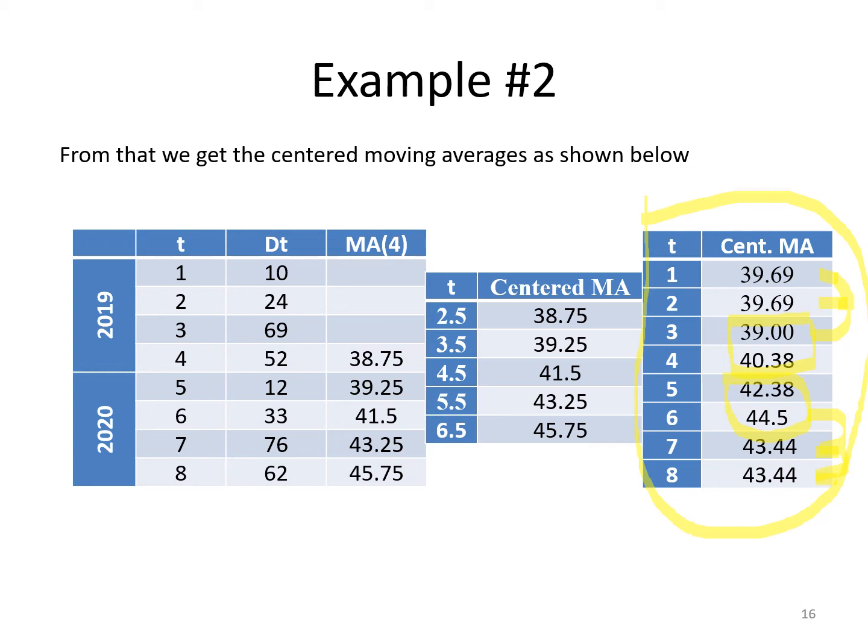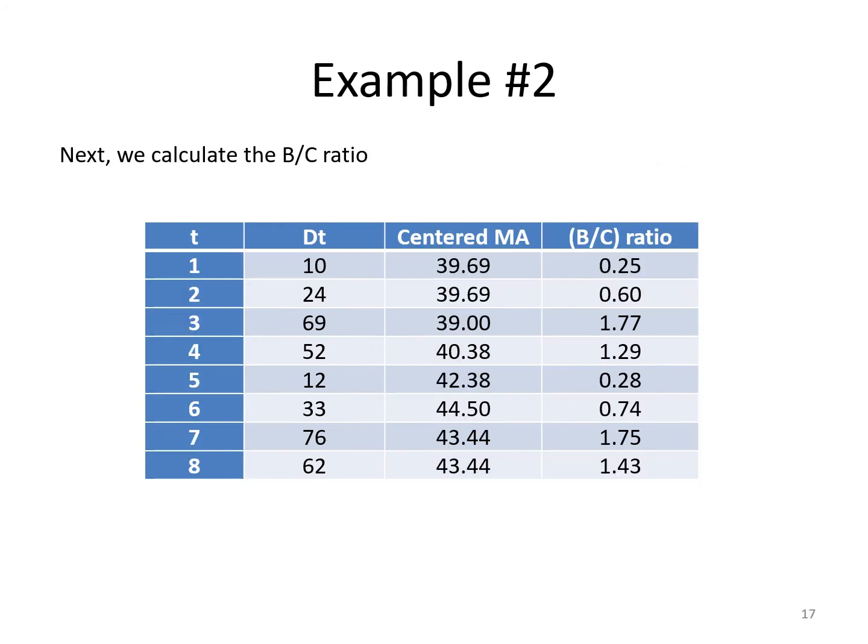Next, we will see how to use this centered moving average in order to estimate the seasonality factors. So here, as you can see, we have a table in which we have the historical demand information given in this column, and we have the centered moving average, which is calculated as shown in the previous slide.